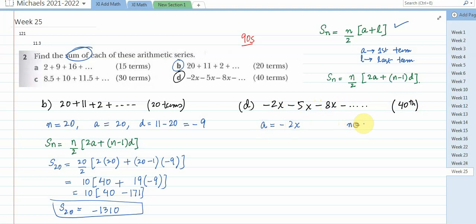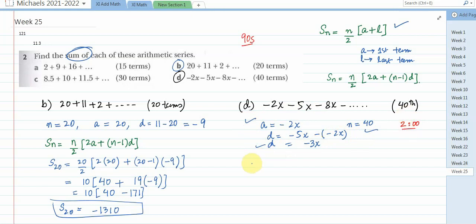We have 40 terms, so n is 40, and the difference will be minus 5x minus (minus 2x). So minus 5 plus 2, it's minus 3x. I have given you all the necessary information. You have a, you have n, you have d. So why don't you give it a try first, and then I will tell you the answer. You have a time of 2 minutes for this question, so start.